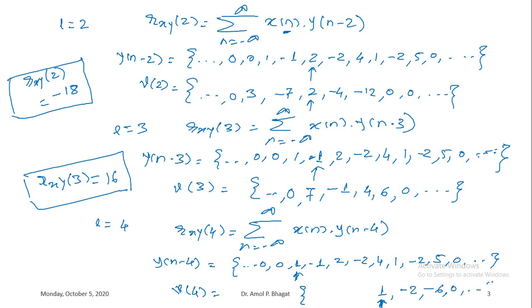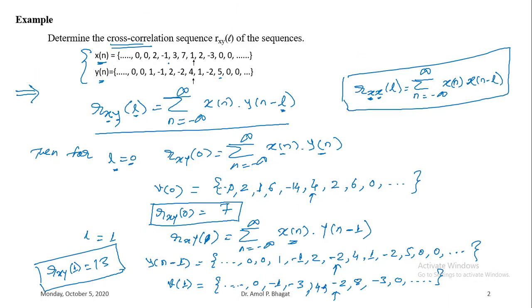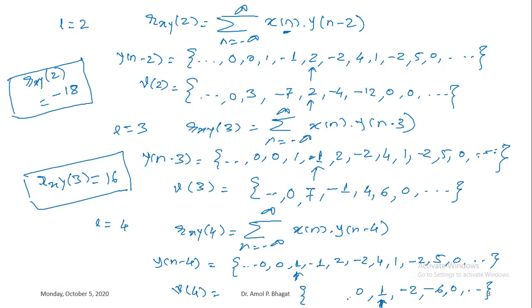Again here you can find that on the negative side every value is 0 in the y of n minus 4, so irrespective of any value here, it will be 0 after multiplication, so all values will be 0.